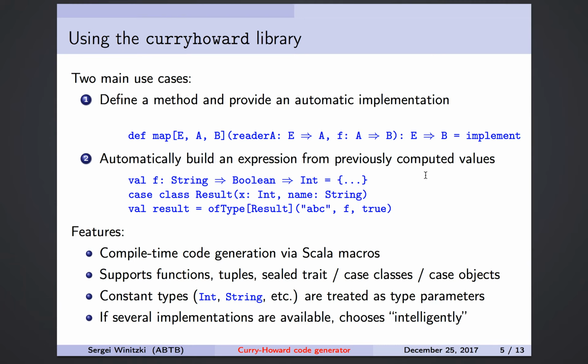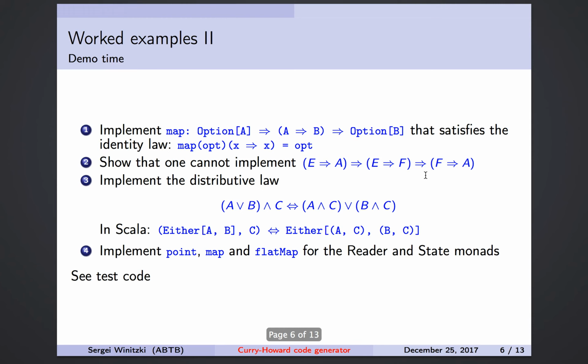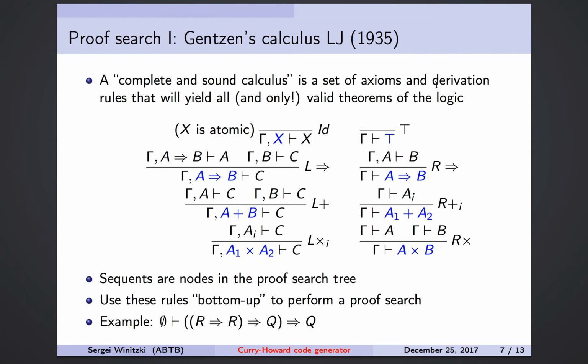So let me therefore concentrate on the theorem prover. That's the most interesting part. Logics have been studied for a very long time by mathematicians, and the logic that we are talking about is called intuitionistic or constructive logic.